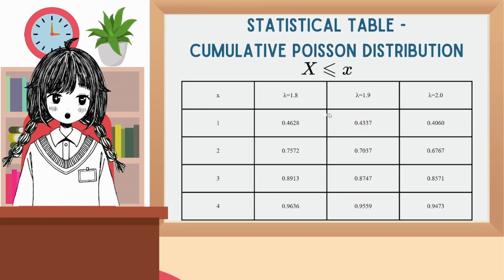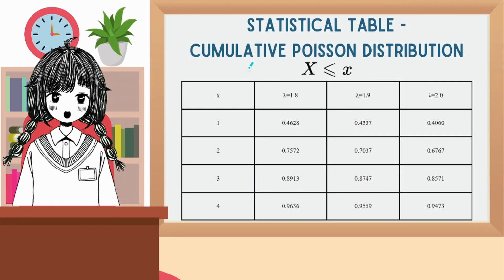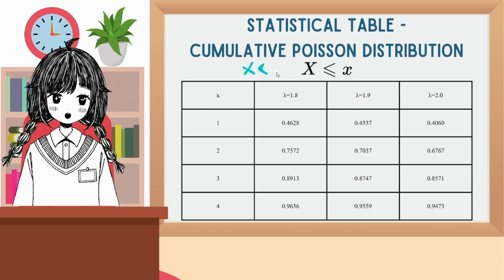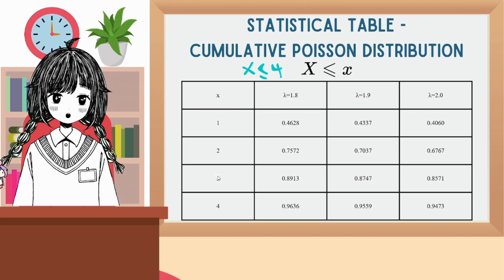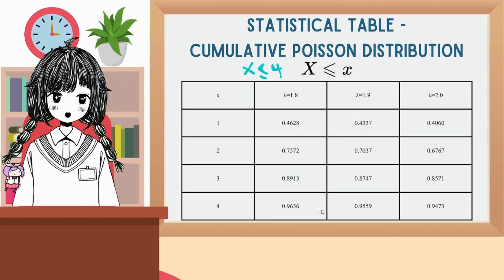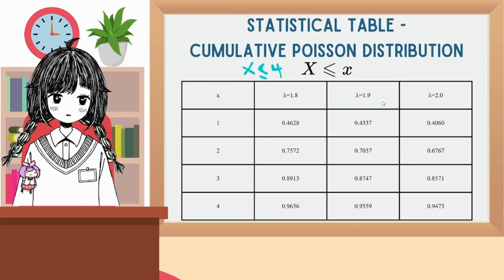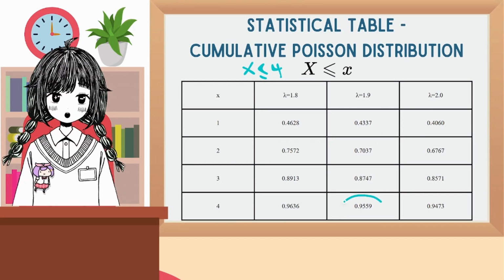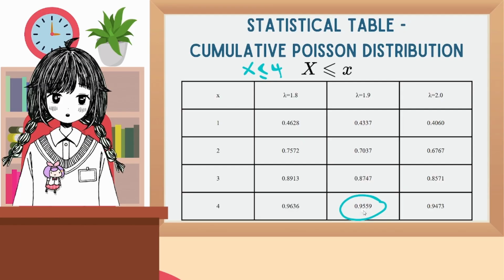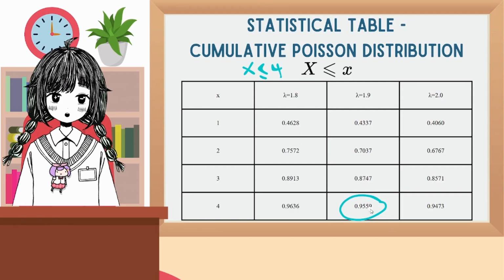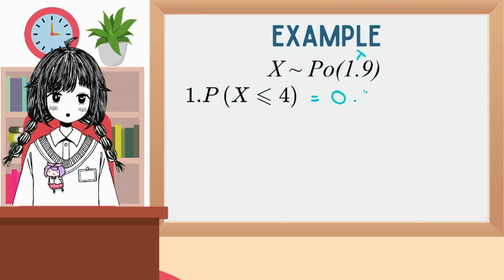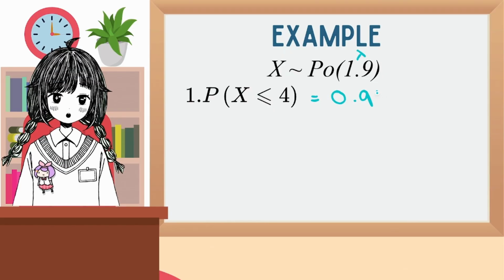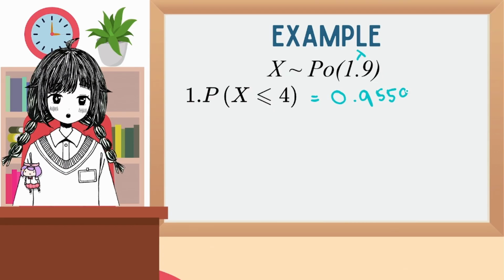Our question asks for X less than or equal to 4. X is 4 here and lambda is 1.9. So the final answer will be 0.9559.